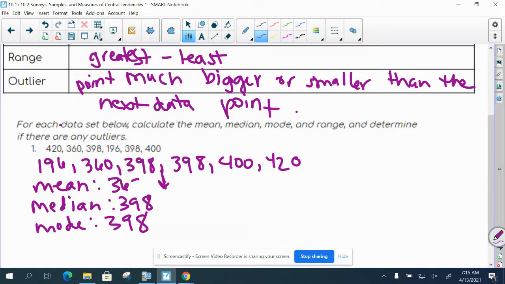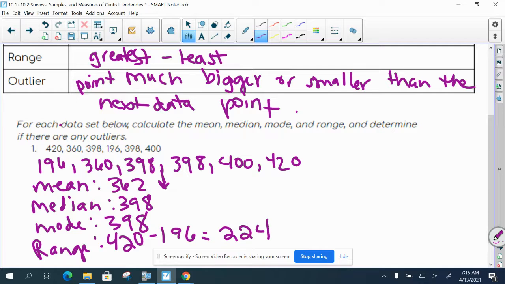So our mean is 362, and then your range, I would take the highest value, 420 minus 196, and that would be 224. Now my outlier, I would say that 196 is an outlier. There's actually a way to tell that we'll learn when we get into box and whisker plots. But I would say that that's an outlier because most of the values are between 360 and 420, kind of centered around 400.